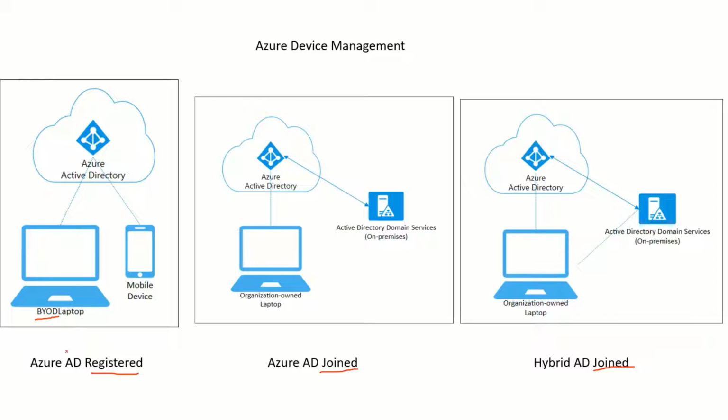Some single sign-on features will also not be available for Azure AD registered devices, because the organization will not have control over them. When control is not established, the device is treated as a non-trusted device, which we can also call an unmanaged device. Those devices all fall under Azure AD registered.